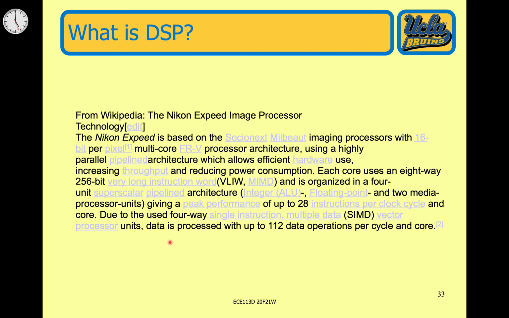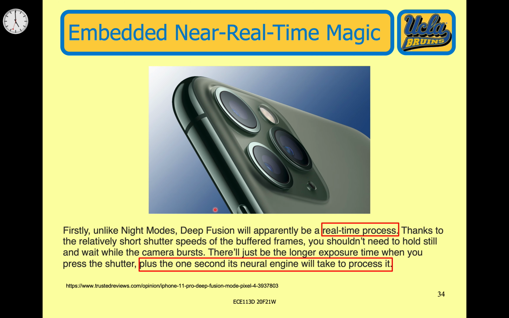And more and more that kind of work is being done right on the device. So yeah, here it is right here. This is the iPhone 11, I believe. You've got 3 cameras and you're doing some real-time stuff. You're going to be taking a bunch of pictures and they process them.